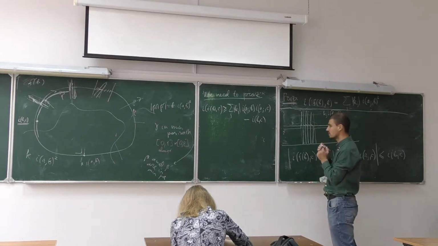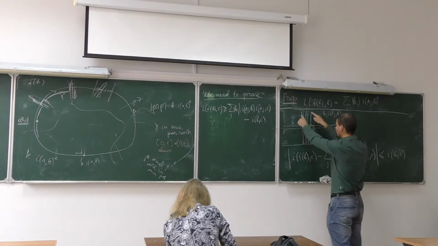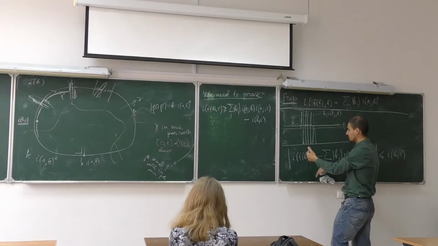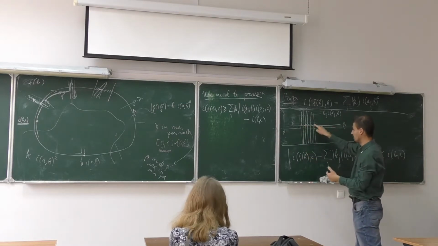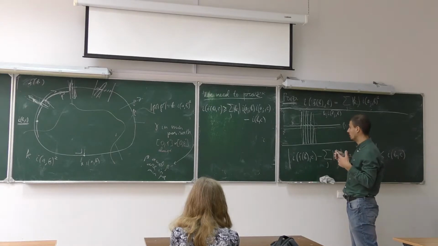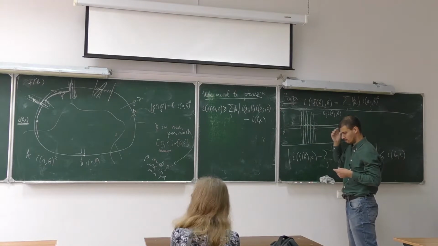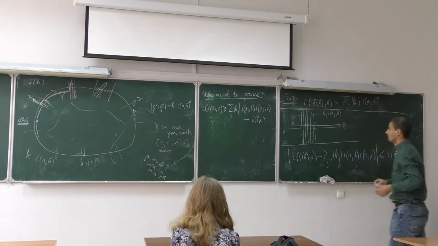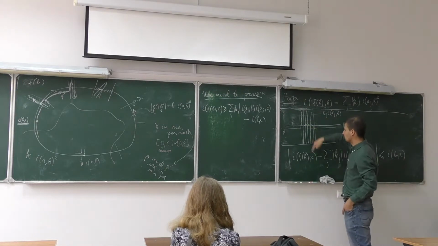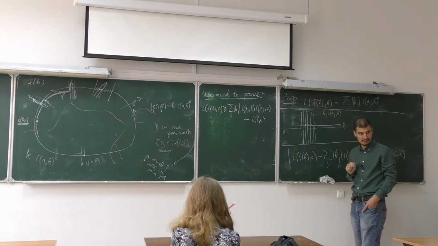This is the number of arcs, of these green arcs. But now, if we make the same procedure in all intersection points, we get just straight lines along the strip, yes?